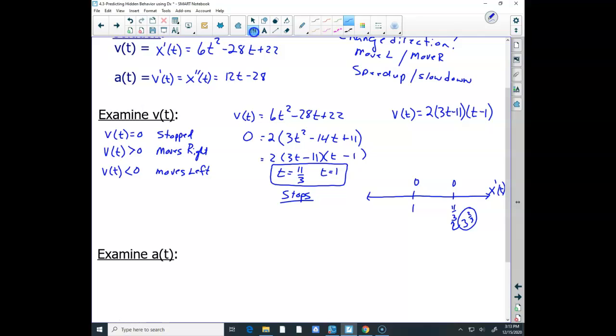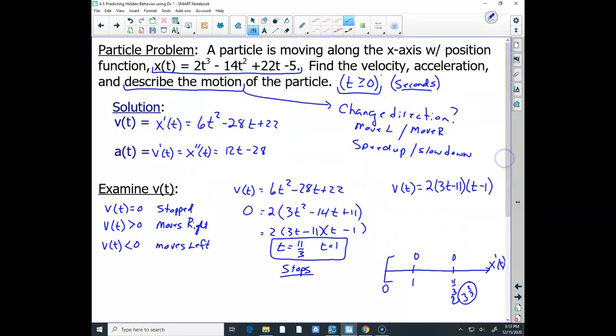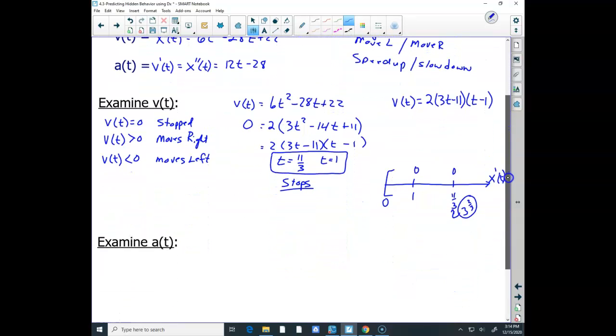Now my interval is not going to go forever over here. It's actually stopping. And where is it stopping? Technically it's stopping at 0. Why? Because this problem is good for t greater than 0. The nice thing about that is that endpoint is not a critical value, so I can use that to check for up and down, or I can use that in my derivative.